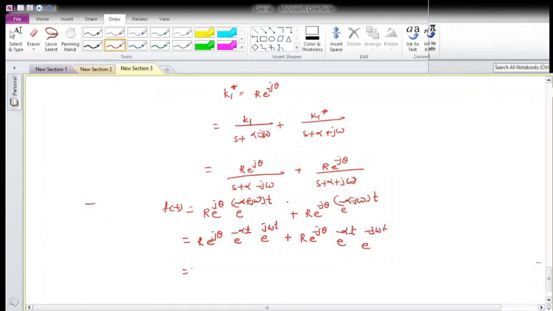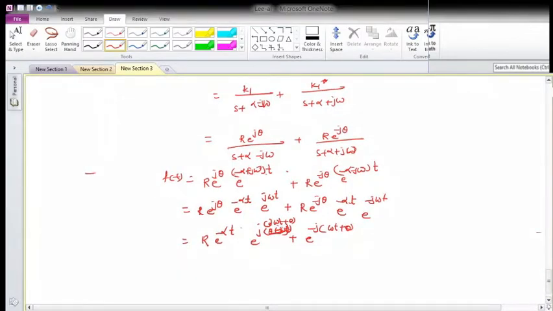Then I'll take r and e raised to minus alpha t common, so it will be e raised to j omega t plus theta, plus e raised to minus j omega t plus theta.